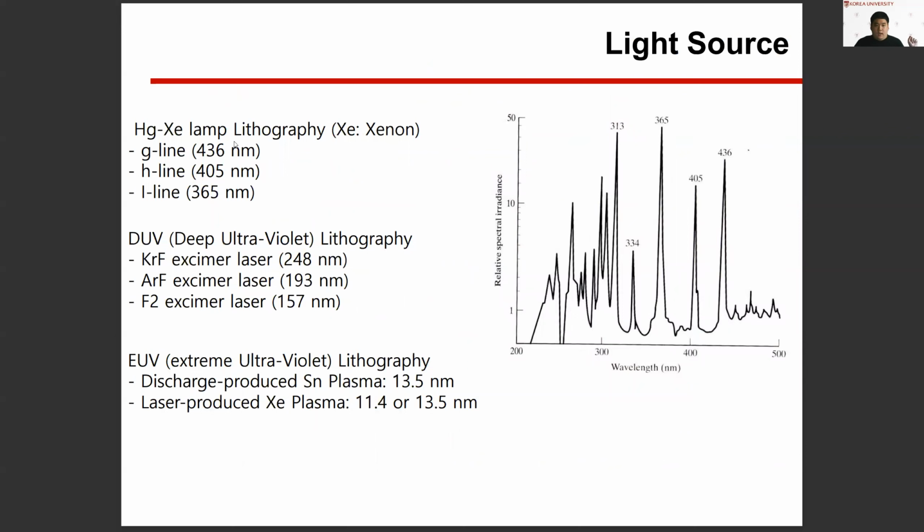Normally, we use an ultraviolet light source for lithography. The usual source of ultraviolet is the mercury lamp, because mercury lamps usually emit ultraviolet light. But for deep ultraviolet or extreme ultraviolet lithographic processes, laser or plasma lighting processes are usually used nowadays.